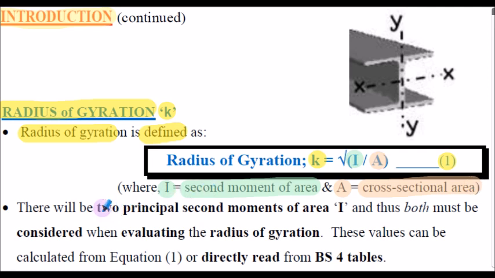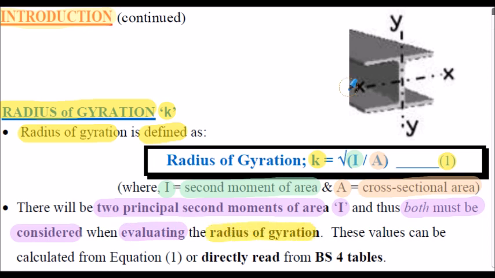Now there will be two principal second moments of area, I, and both must be considered when evaluating the radius of gyration. And the two principal second moments of area would be about the x-x axis shown here or the y-y axis shown here.